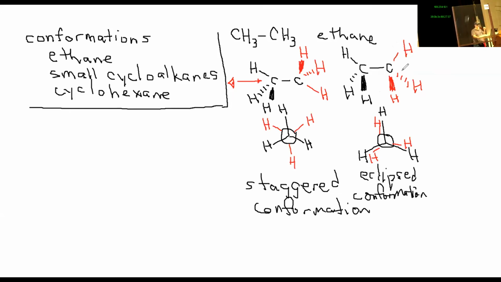I think I got that right. Good. So these two conformations are different. They're not isomers. They're the same molecule. All we've done is rotate around that single bond. So they're not isomers. Isomers is always going to refer to different molecules. These are the same molecule.